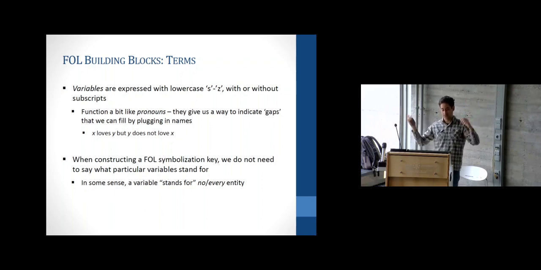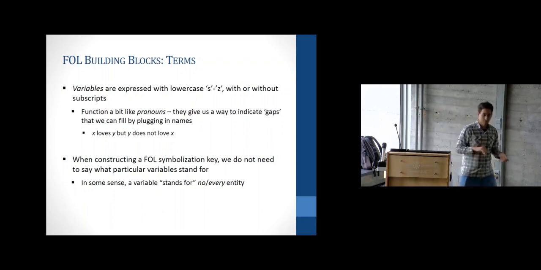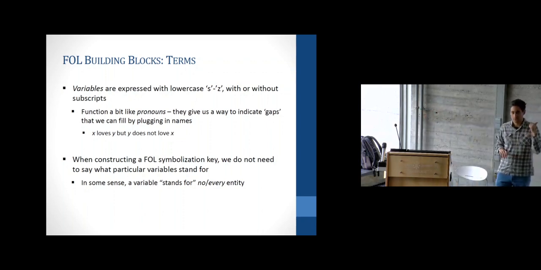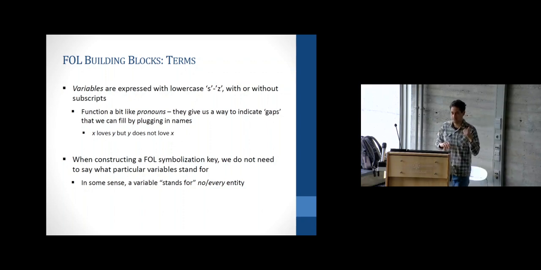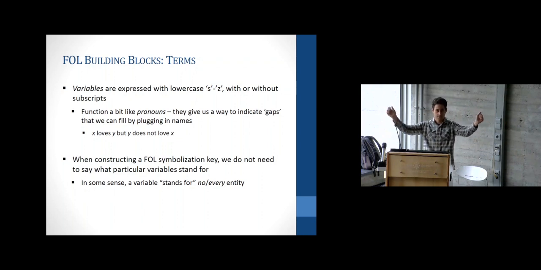They, in a way, don't refer to anything. A variable stands for nothing or every entity. It's just like a placeholder. Questions about this? It's a bit confusing, but as we go along, we'll see. Once you see a full sentence, it makes more sense.